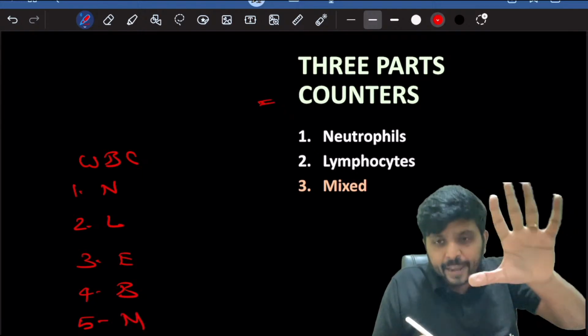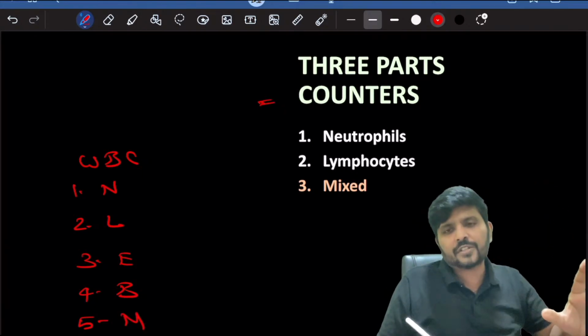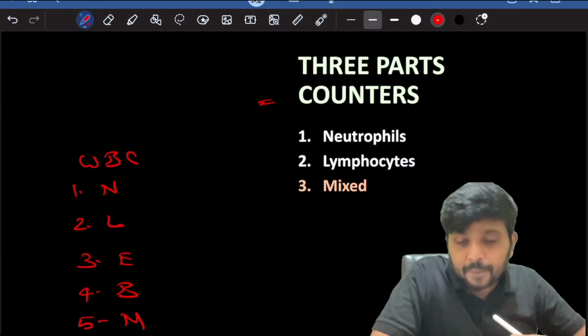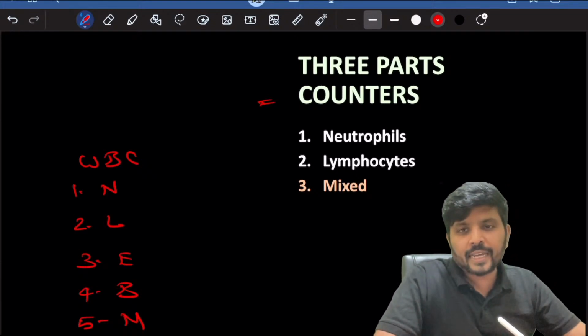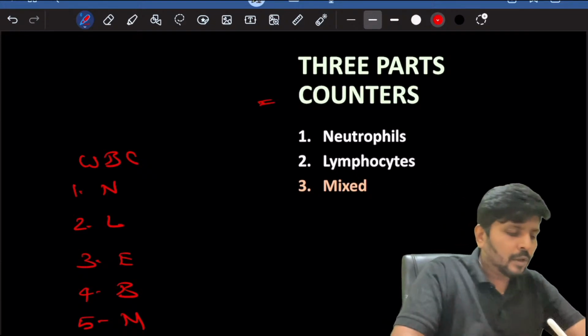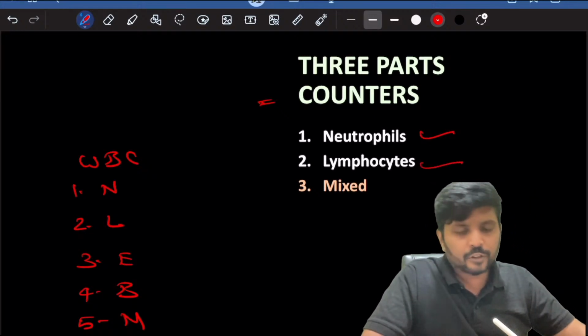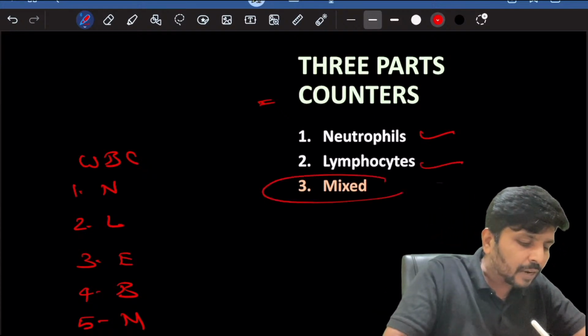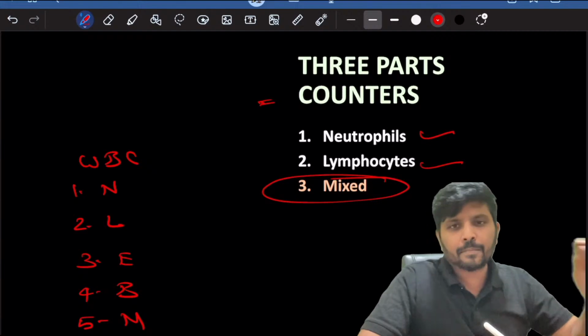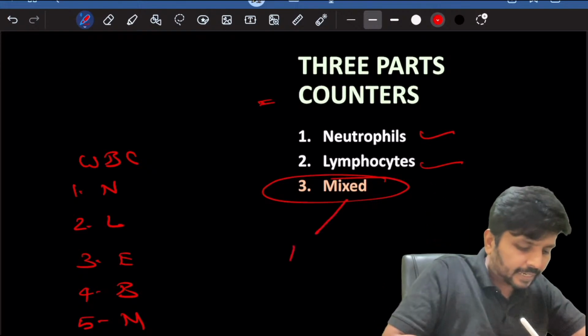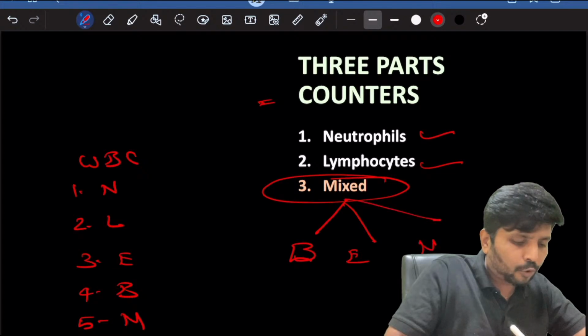So there are 5 types of WBCs. But in a three-part counter, you will get only two things. It will read your neutrophil, it will read your lymphocyte. The remaining things will be printed as mixed. This mixed contains basophil, eosinophil, and monocyte.